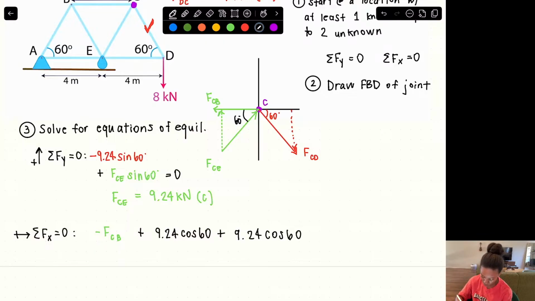So that's for force CD, all equal to 0. Now you solve for force in the member CB. It's going to be 9.24 times the cosine of 60 times 2, basically.